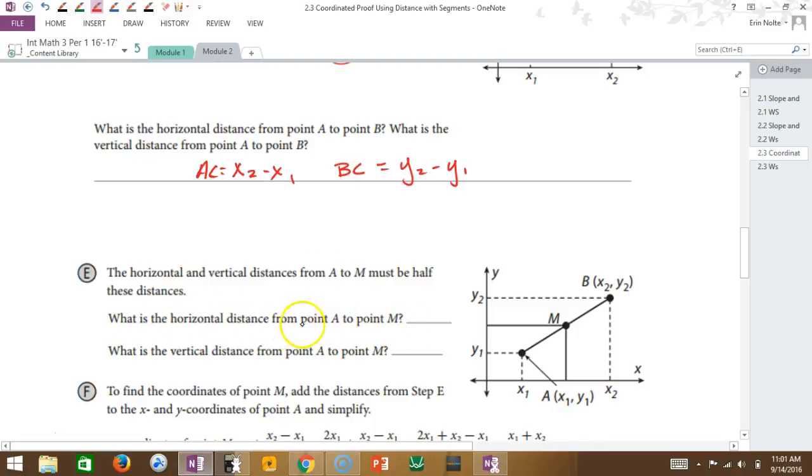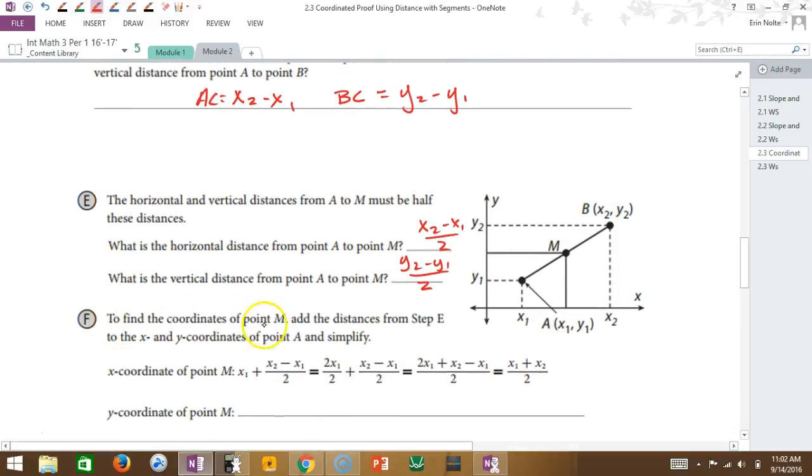So if our horizontal distance was x2 minus x1, all we're going to do is just divide that in half, right? Okay, so you would just write x2 minus x1 divided by 2. Okay, vertical distance, that's your BC. We have half of that is y2 minus y1 over 2.